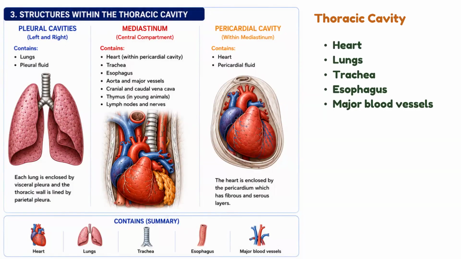So each is protecting the lungs from that friction that we talked about. But then the organs that are found within the thoracic cavity are the heart, the lungs, the trachea, the esophagus, and the major vessels. When we talk about the aorta and the other vessels of the heart.